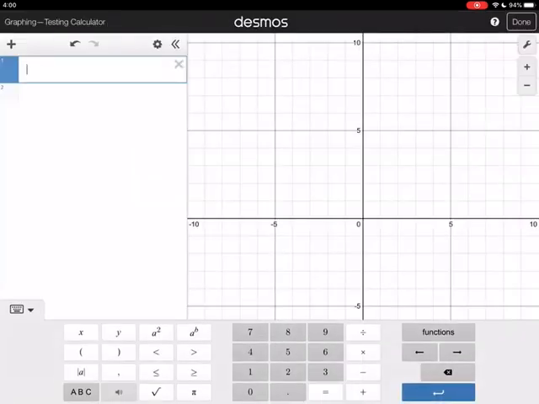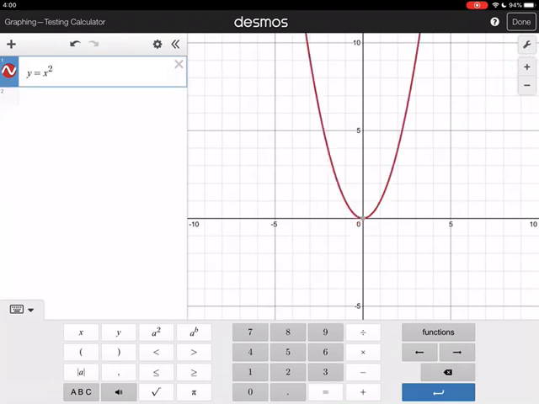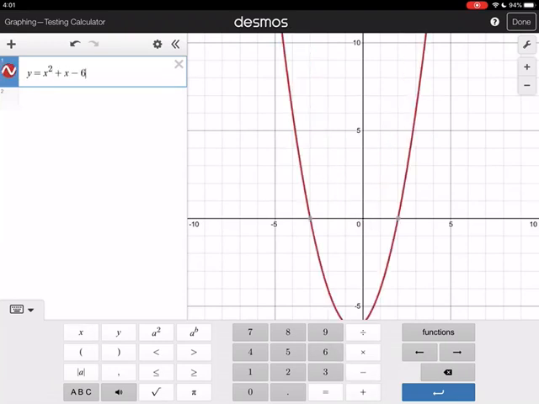If I open up Desmos and graph y equals x squared, there's my generic quadratic function, or my parabola. And then if I graph y equals x squared plus x minus 6, there's your graph.